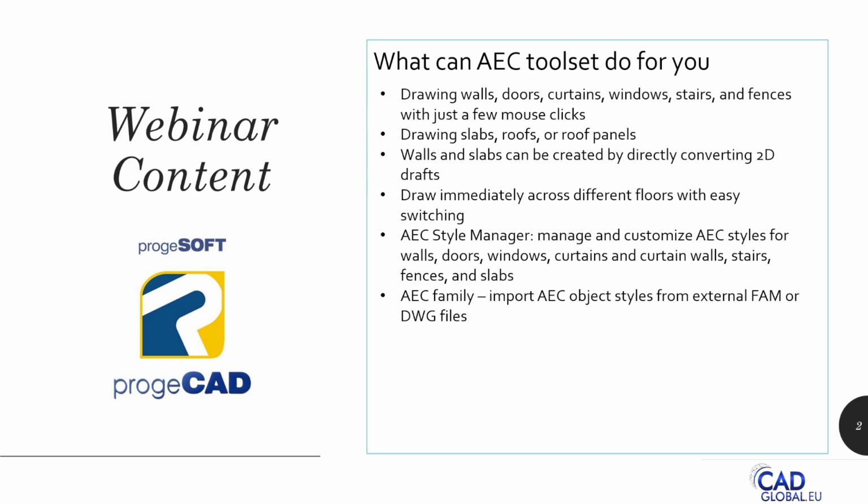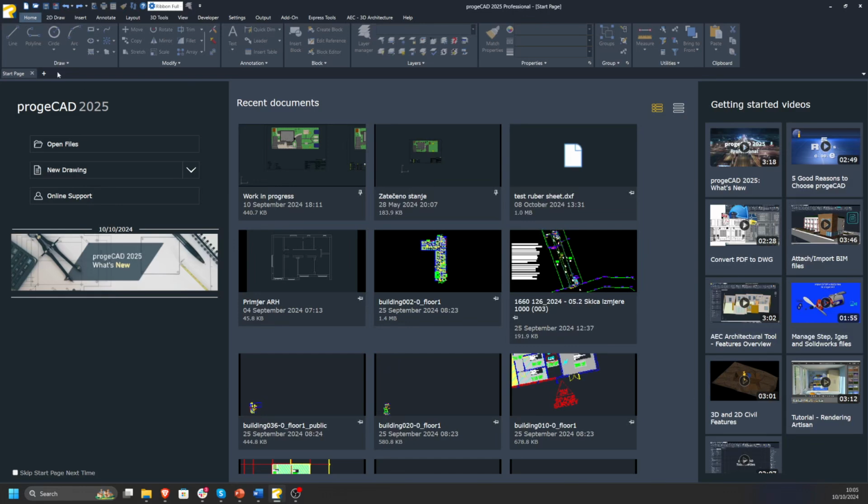So mainly 3D building. If you ever drafted in BIM programs like Revit or such, you will know what we are talking about. So we can draw walls, doors, and such elements. You can also manage them in the style manager, import some specified in AEC family, and also immediately cross different floors with ease. So let's see that in progeCAD.